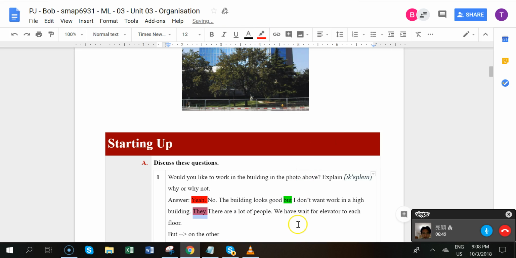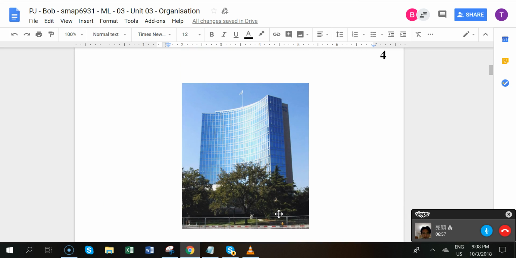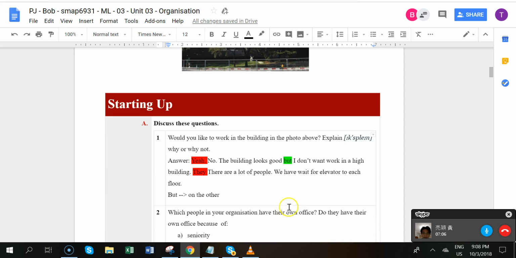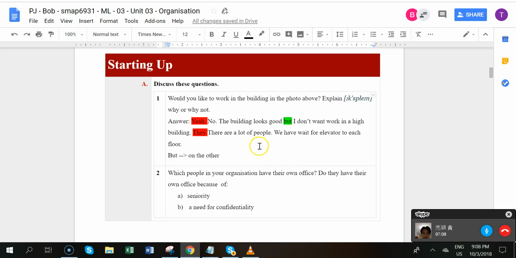And you said that we have to wait for the elevator to each floor. Yes, right. What if the building has only one elevator? Then you will use the stairs, right? That's so tiring. Yeah. And so it's now crowded. Okay, so now let's move on to number 2.